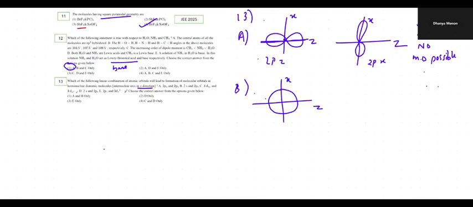So this is the z-axis, this is 2s, and this is 2px. So this is also not possible, so no molecular orbitals are formed.